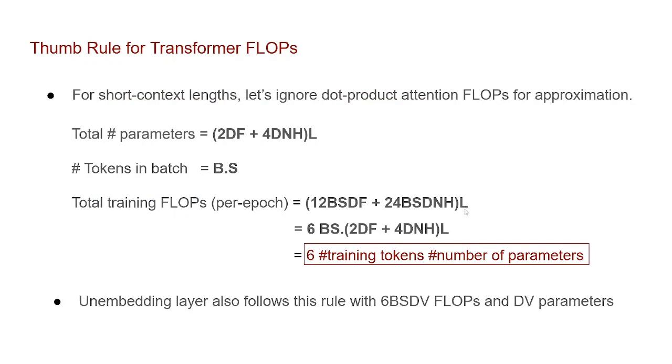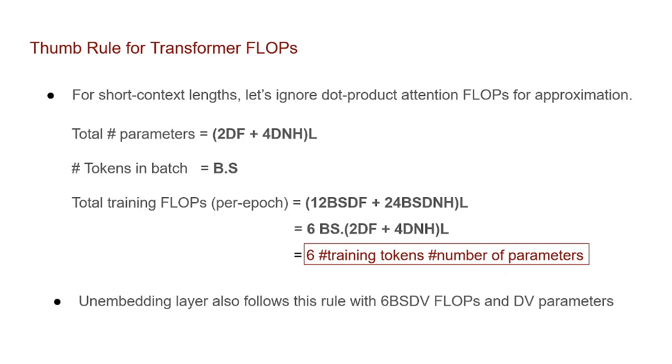And then we multiplied it with L for all the layers. And this can be written as 6BS times this quantity. And looking here, we can rewrite it as 6 times the number of training tokens times the number of parameters in the network.